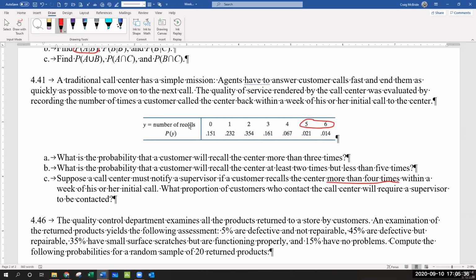So age is considered a continuous random variable. Height is a continuous random variable. Weight is a continuous random variable. So when you're trying to come up with something to fit that scenario for the final project, you just need to make sure that you're coming up with a variable that is measured and not counted.